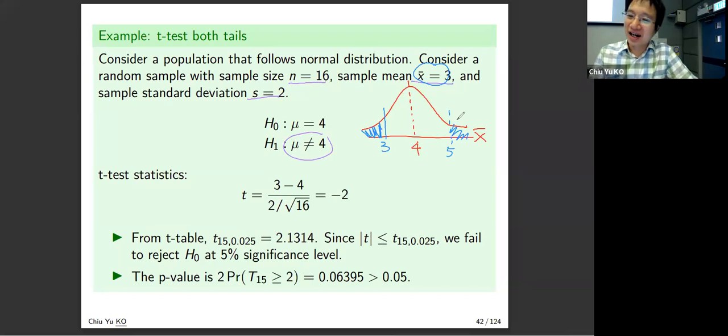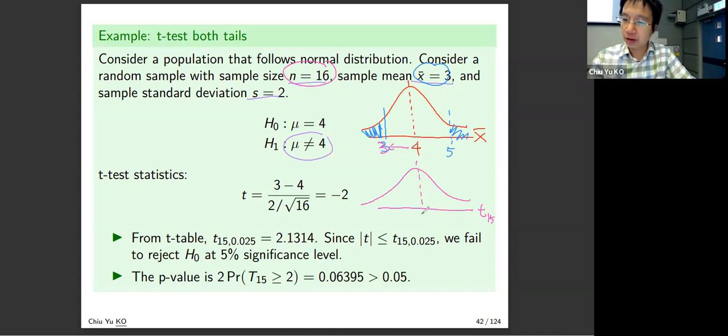But anyway, let's see. The data we have is 3, so it's asking whether 3 is far away enough. Remember the area has to be multiplied by 2, because you don't know which side. So you convert this to t, with 16, so t15 here.